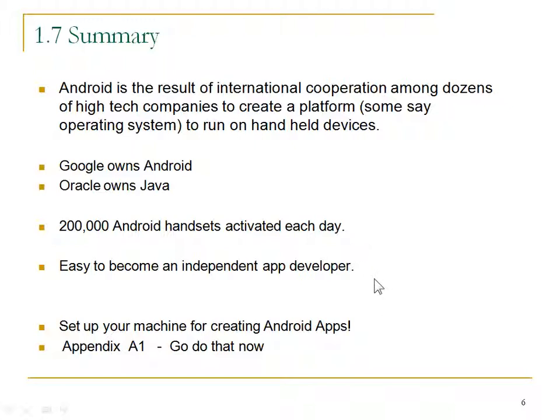It's easy to become an independent app developer, and this is one of the things that Google has done that's different from the industry, and it's one of the things that makes Android development appealing, especially to young people who immediately want to start their own company and write an app that will make millions of dollars on the first day.